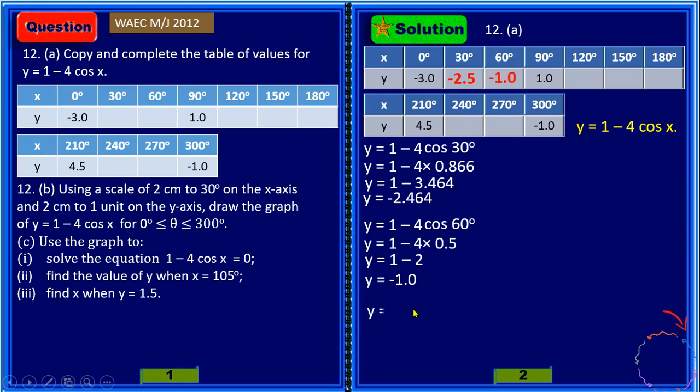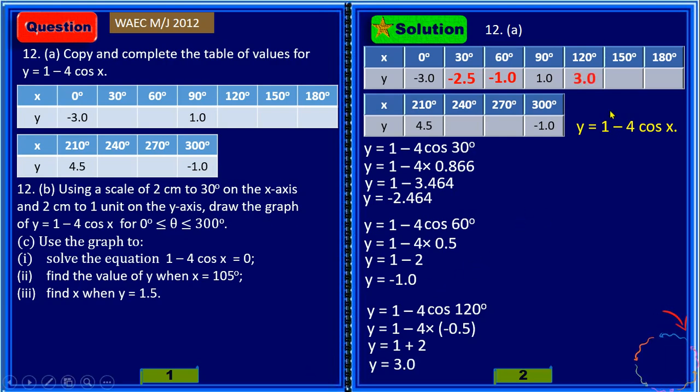In the same way, we are going to find y when x is 90 degrees. Then we substitute the value of cos 120. On simplification, we'll have y is equal to 3.